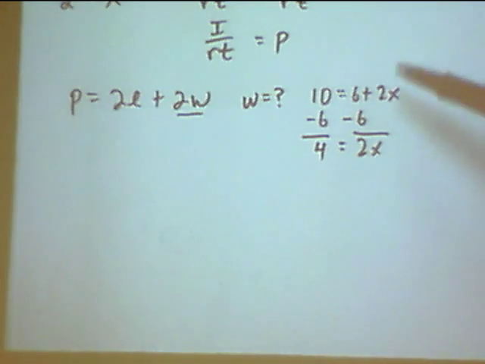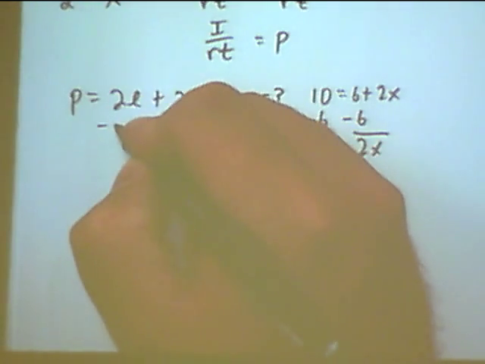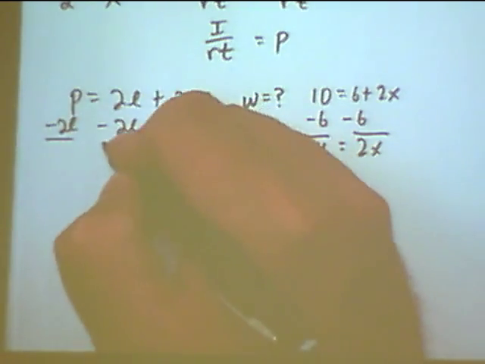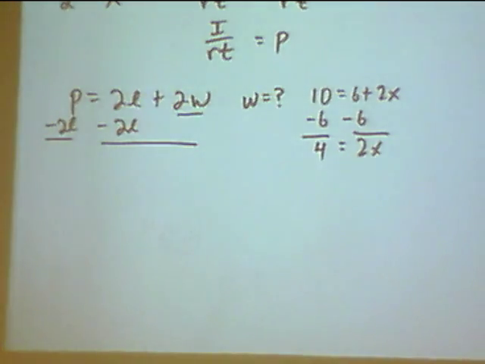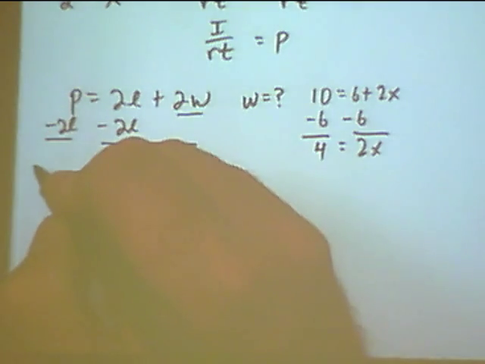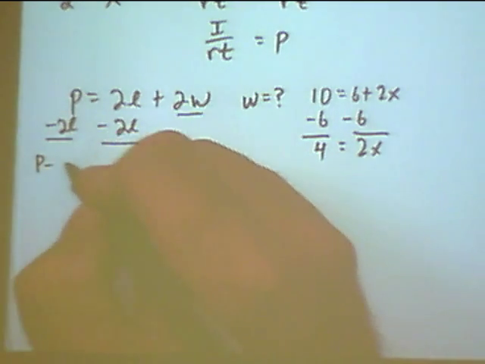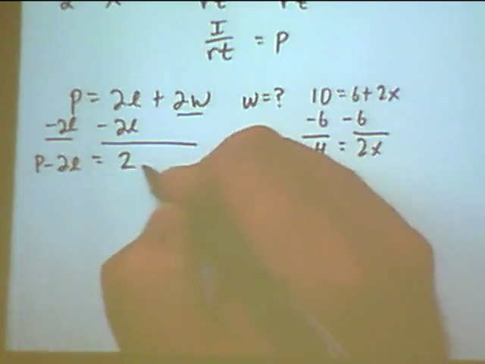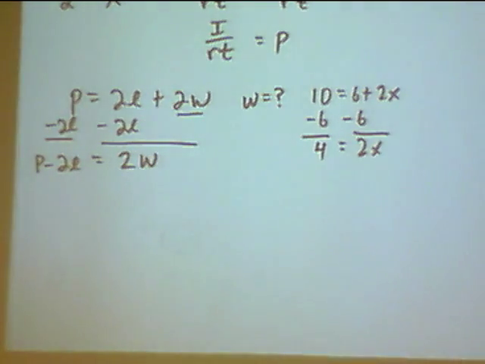And in the same way, when I wanted to move the 6 to the other side, I subtracted 6. In this case, I can subtract 2L from both sides of this equation. And on the left-hand side, I have P minus 2L equals, on the right-hand side, 2W.